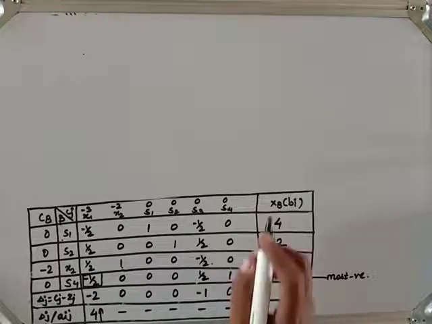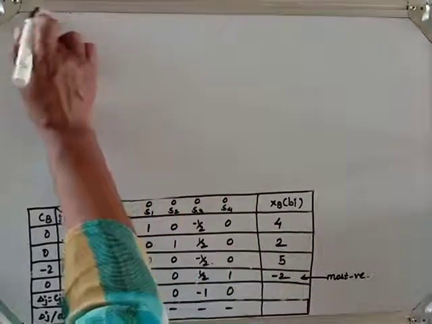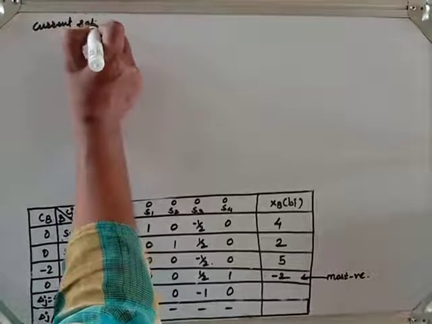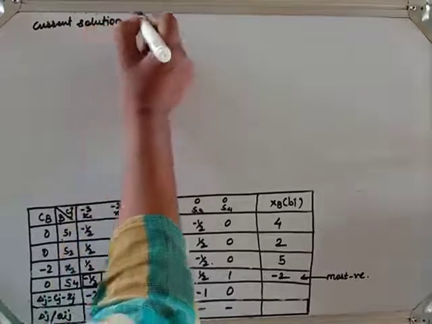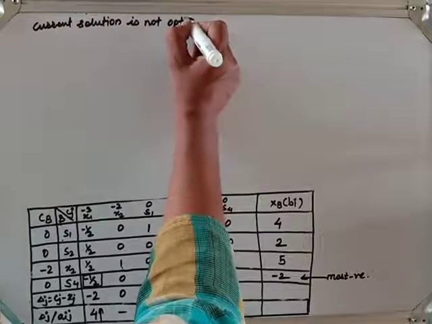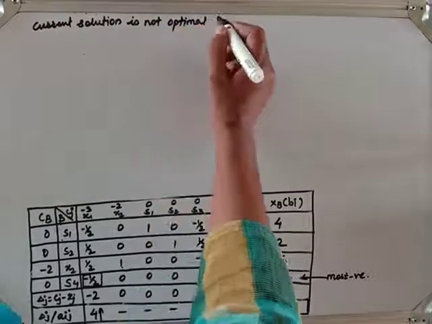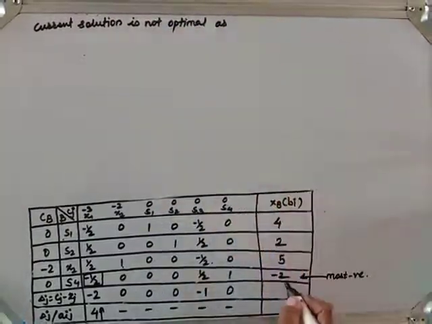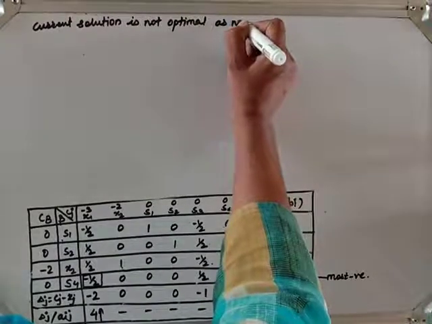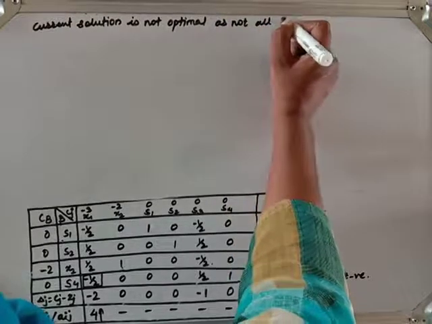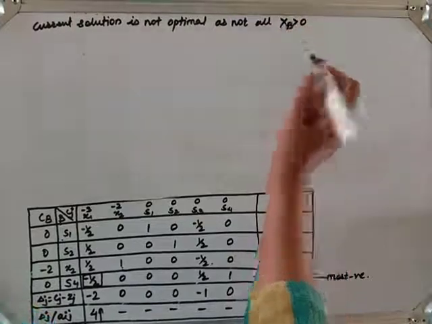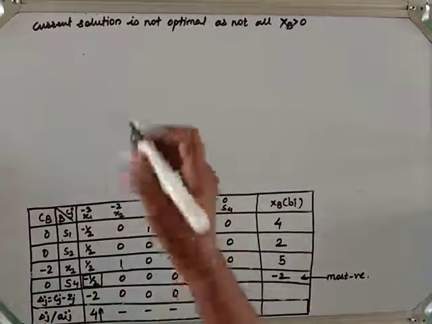Fine. So now here I must write this current solution is not optimal as this one Bi, as not all Bi is greater than 0 or Xb, not all Xb greater than 0.